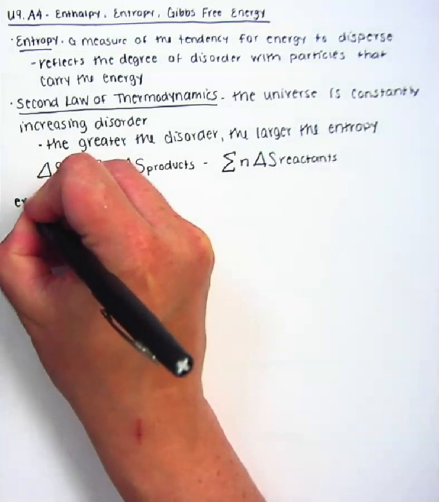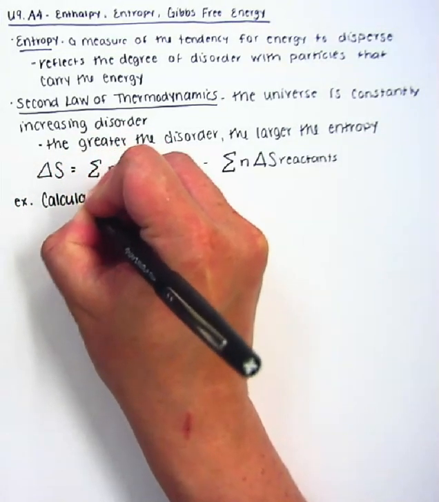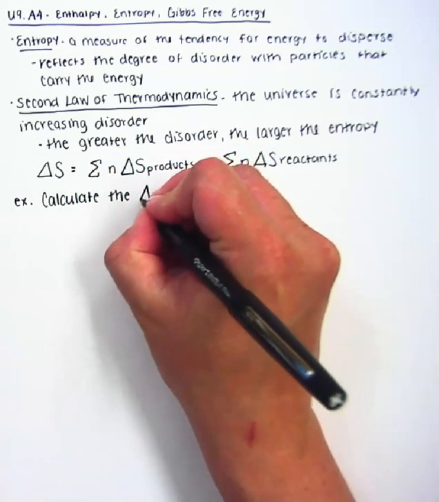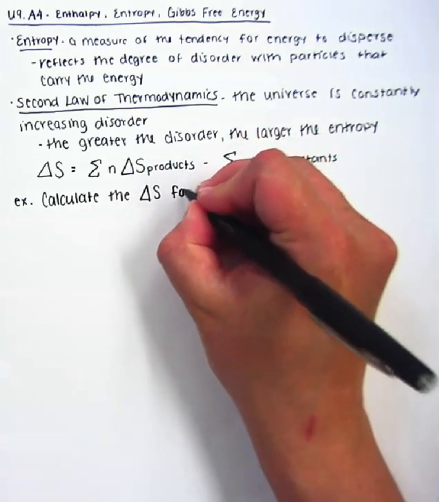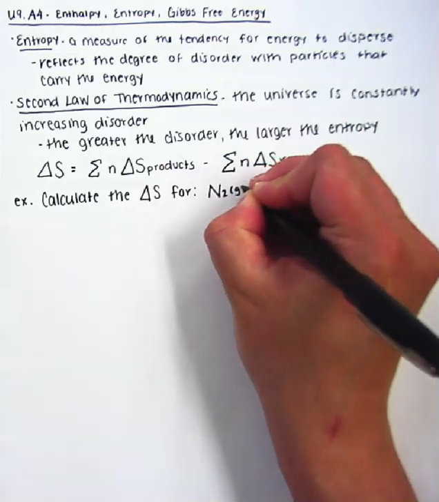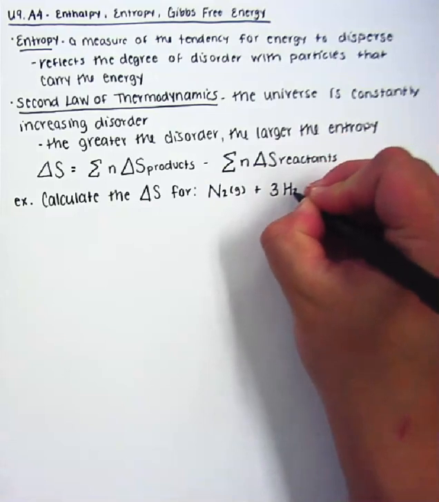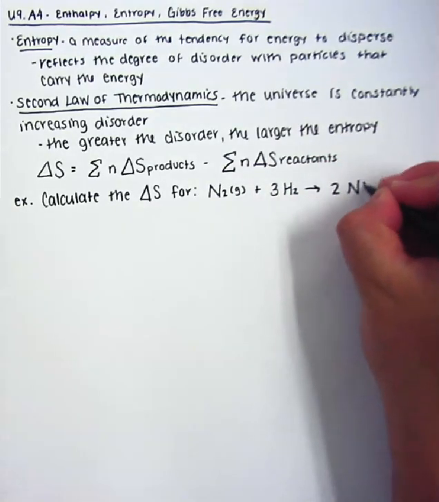All right, calculate the entropy for the following reaction. Nitrogen plus hydrogen produces 2 moles of ammonia.